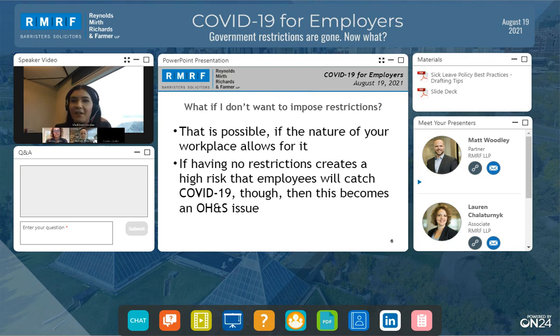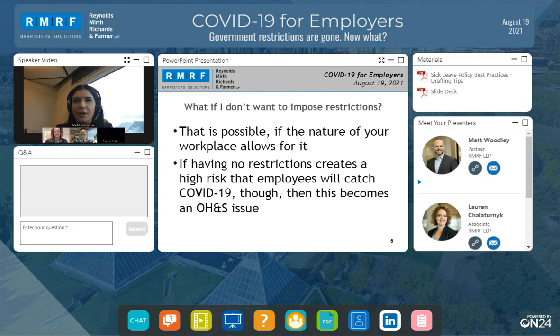Now, having said all of that, a big caveat on some of these risks is the nature of your workplaces. And this is something that both Lauren and Matt have touched on. So a restriction-free workplace, which respects your obligations under the Occupational Health and Safety Act as an employer, may be possible where the nature and circumstances of your workplace allow for that.